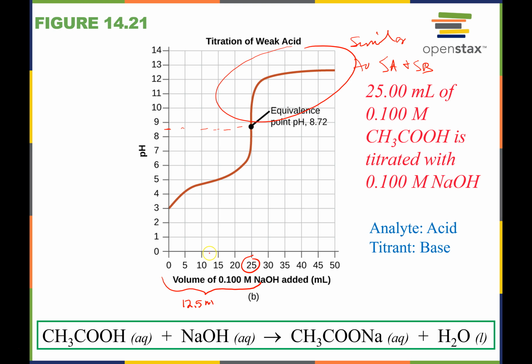So here's 12.5. I would go up here, that's the half neutralization point, and then I would go over here, and that's the pH at the half neutralization point. And like I told you, at that point, the pH is equal to the pKa.